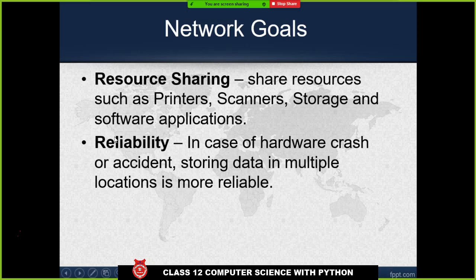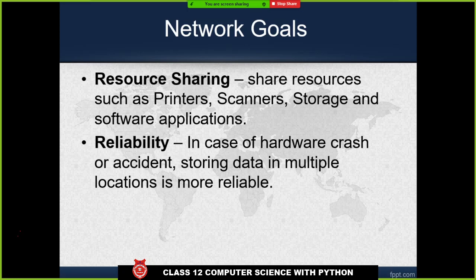And the second goal is reliability. When you connect two or more computers, they become much more reliable. For example, big companies are doing this in order to make them reliable. If they are hosting a website, or if they are storing things in one computer, if the hard disk goes bad or burns out or something like that, they will lose everything.